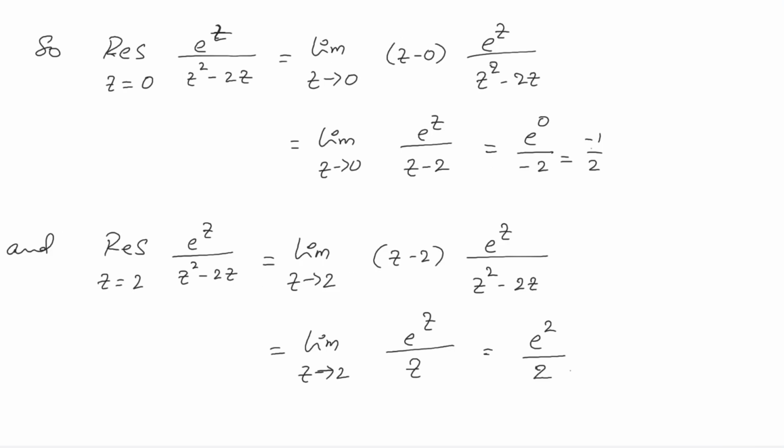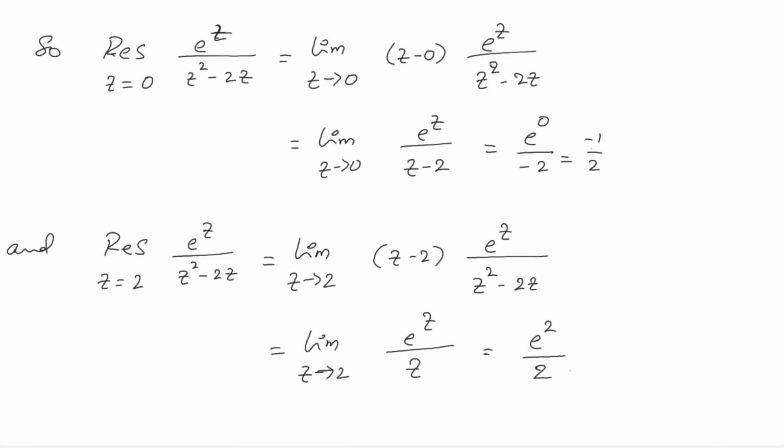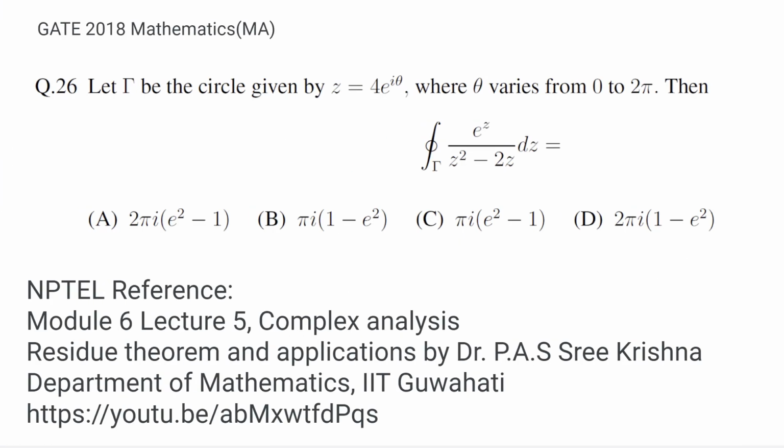Those are nothing but minus half and e square divided by 2: minus 1 divided by 2 plus e square divided by 2. So in total this is pi i times e square minus 1, and hence the correct option is pi i times e square minus 1. So hence the answer is option C.